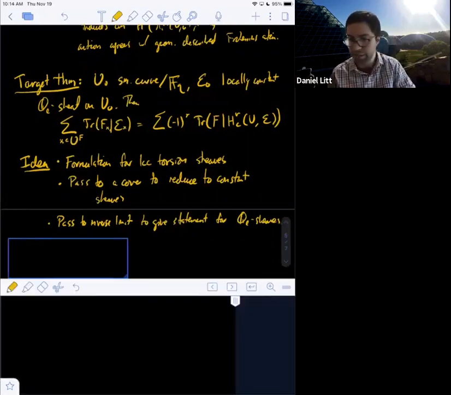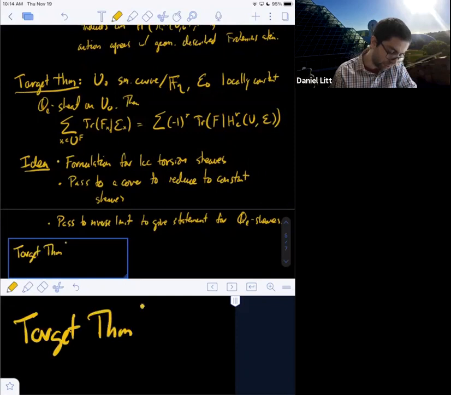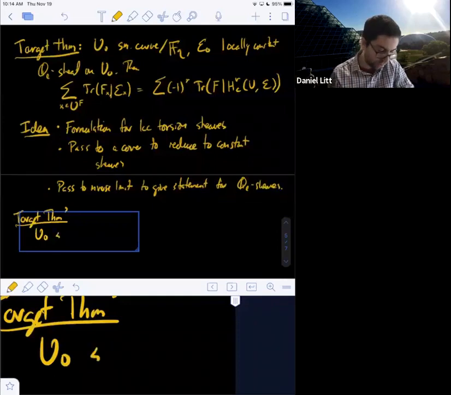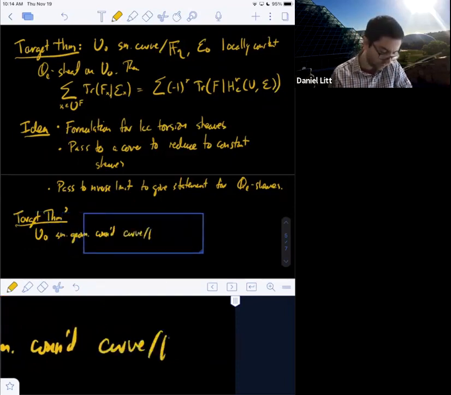Okay, so let me state the target theorem prime, and then we'll make sense of what it means. So target theorem prime is the following. U naught will be a smooth, geometrically connected curve over FQ.